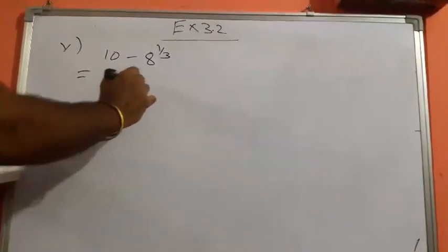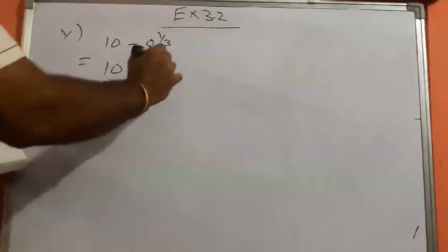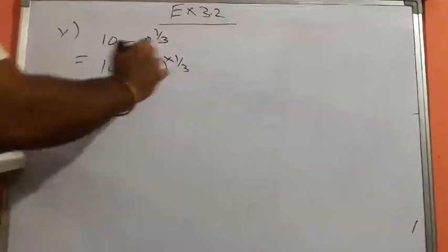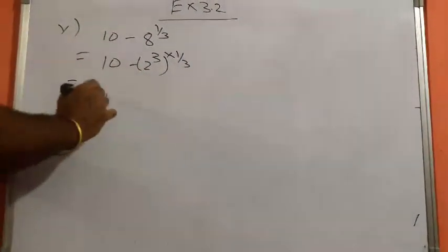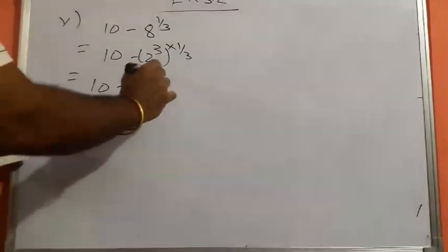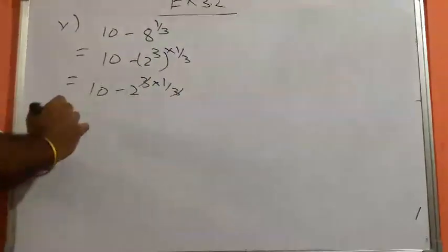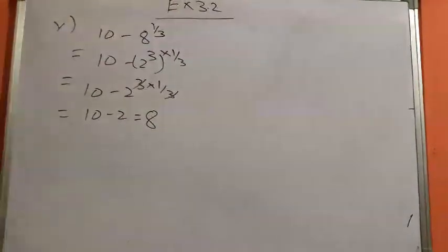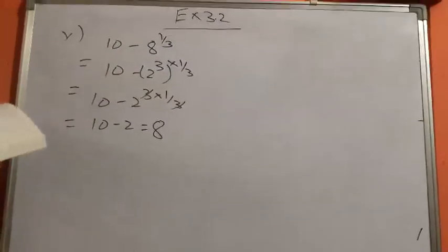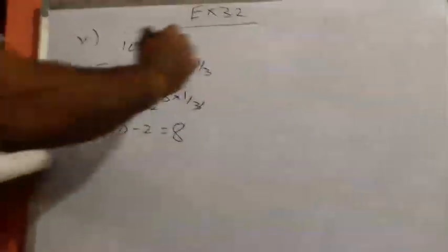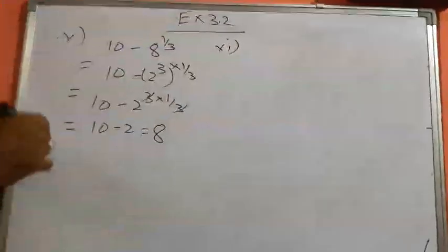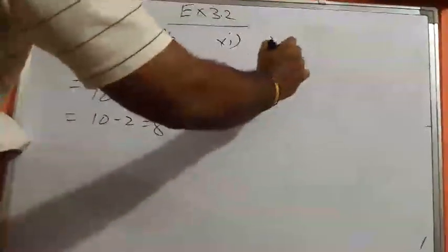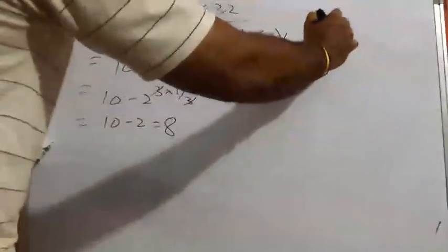This 8 can be written as 2 cube to the power 1 by 3. So 10 minus 2, since the 3 and 1 by 3 get cancelled, that is 8. 8 is the answer. And question 6: 1 by 64 to the power minus half.